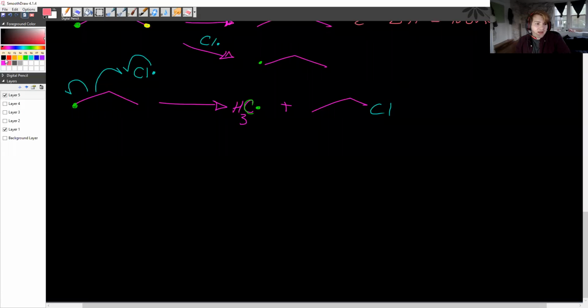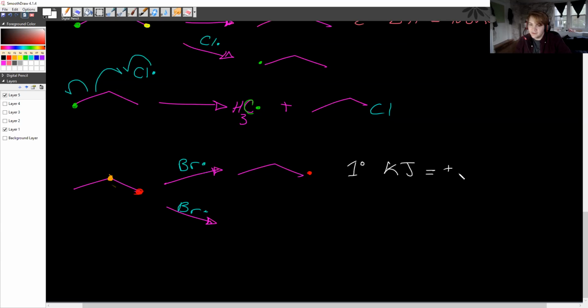Versus what I want you to see, and the important thing that's probably on your exam, is that for bromine, if we just look at the two possibilities of secondary versus primary, so here's the primary one, here's the secondary one, for the primary radical, and of course we're talking about bromine now, this has an energy of positive 71.